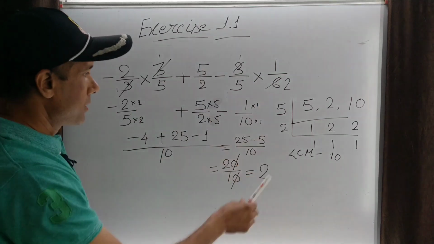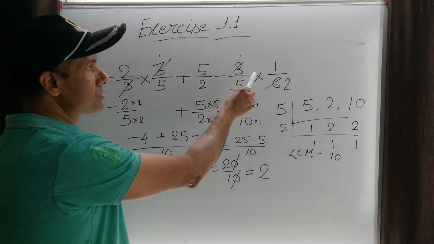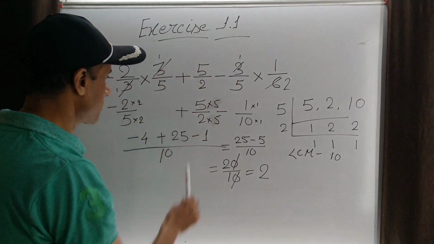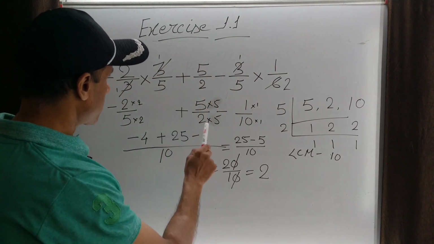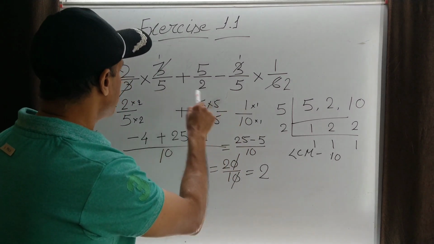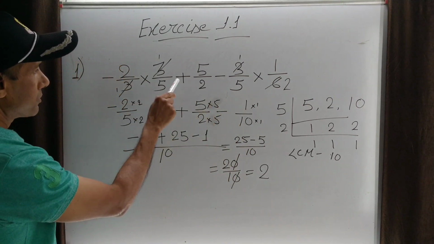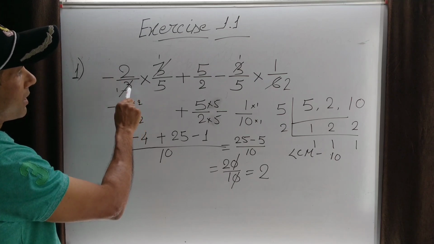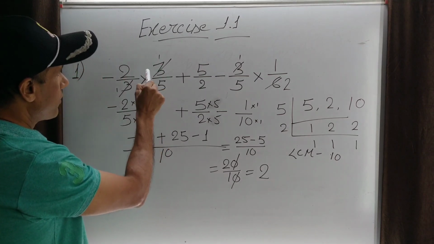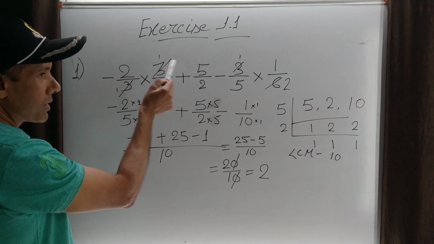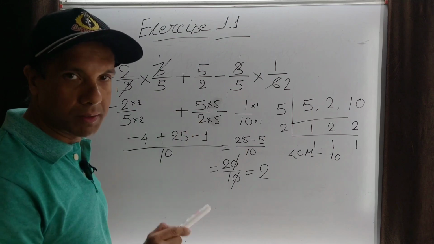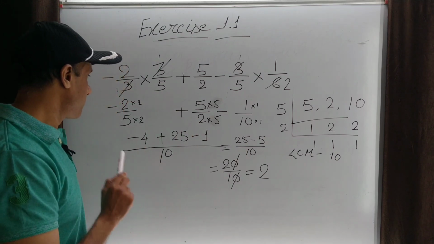So here you have given precedence to multiplication over addition and subtraction. That is one concept. Second, while multiplying rational numbers, you multiply directly and simplify as much as possible. If you couldn't simplify, you multiply the numerators and multiply the denominators and get the resultant rational number.